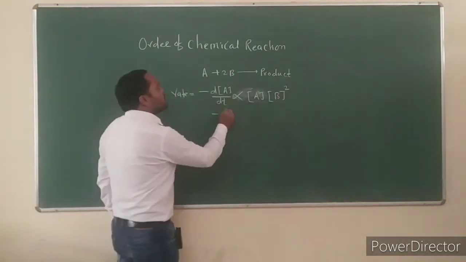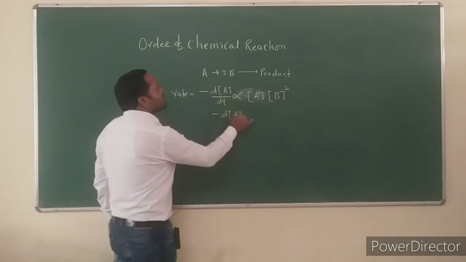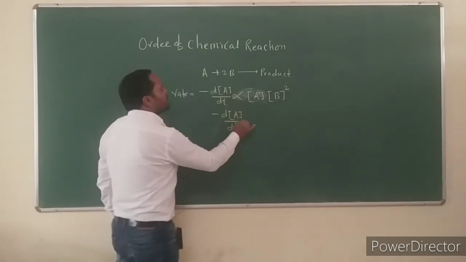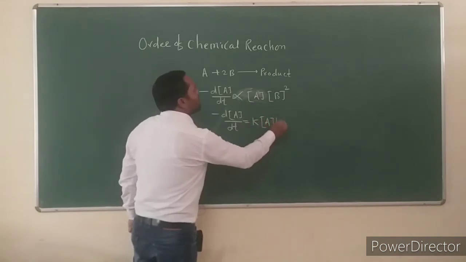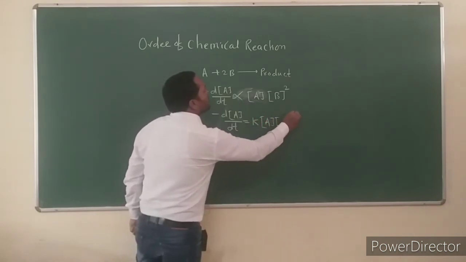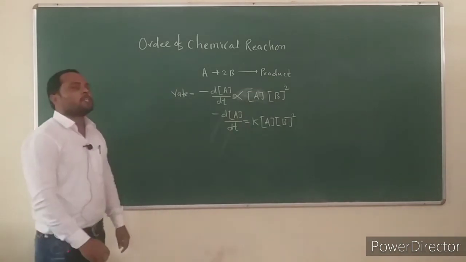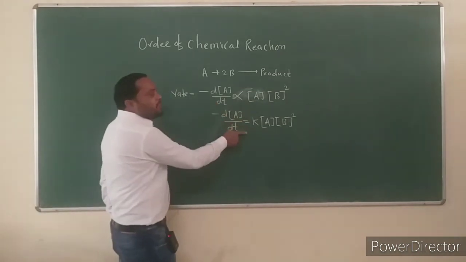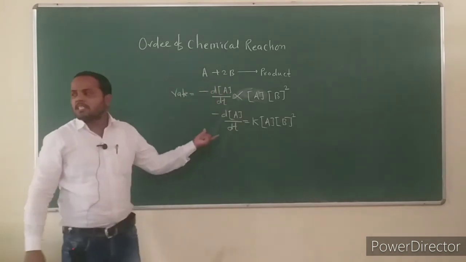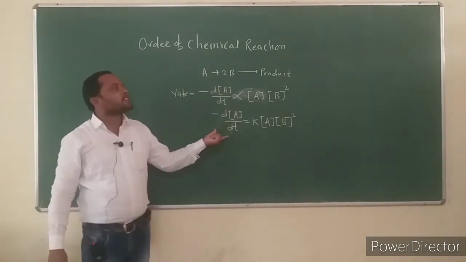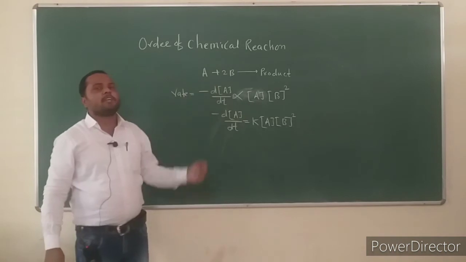So minus dA upon dt is equal to K, concentration of A, concentration of B squared. This is the differential form of the rate equation, the rate law, for this chemical reaction.